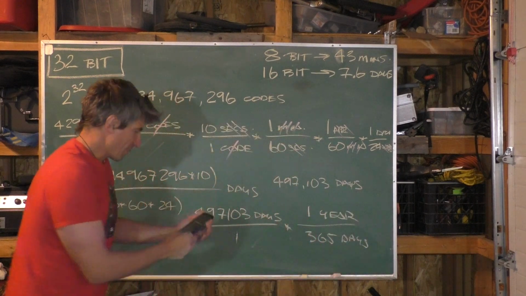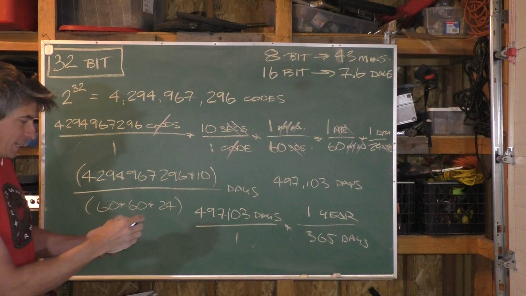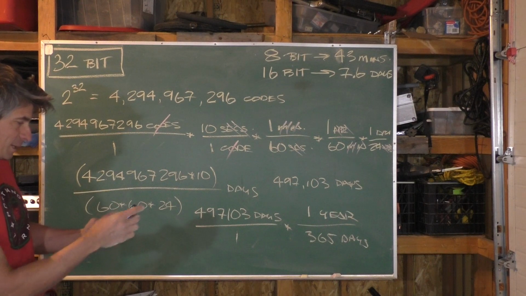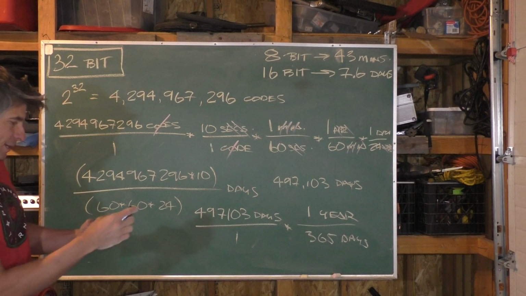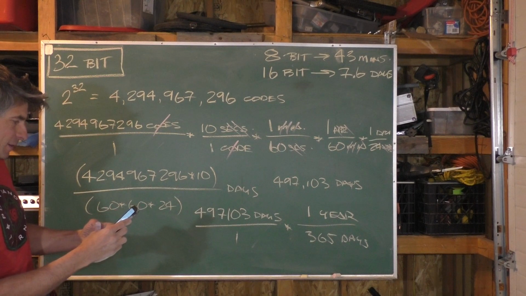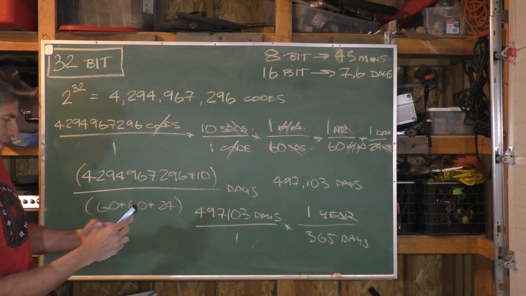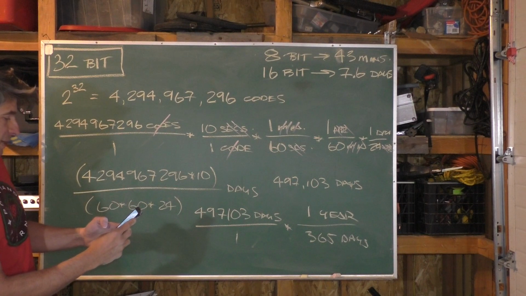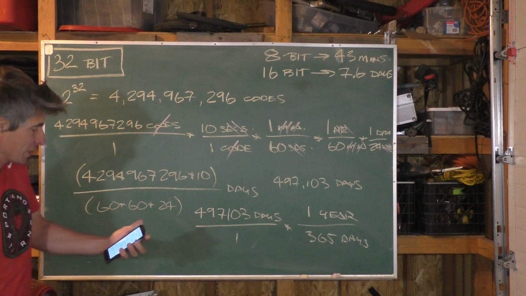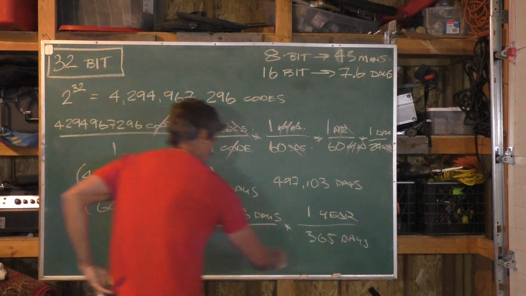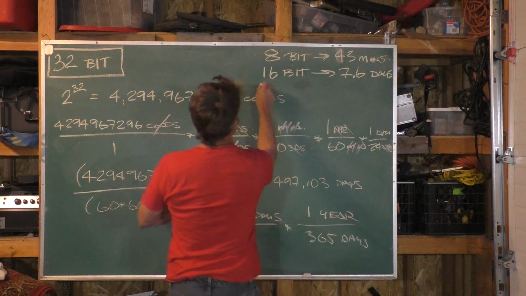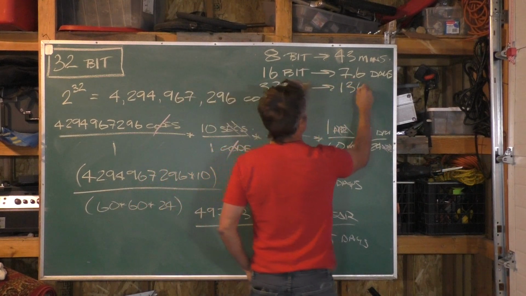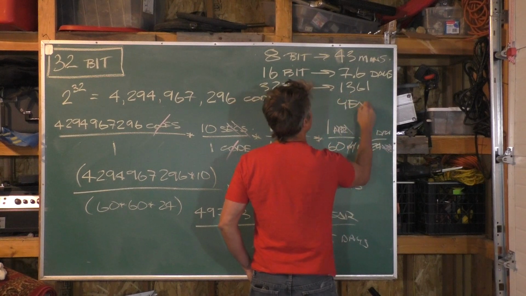So then I have to take my 497,000, blah, blah, blah, and divide that monster by 365. Let me get the whole thing grouped here, divided by 365. And I end up with about 1,361 years, 32-bit. About 1,361 years.